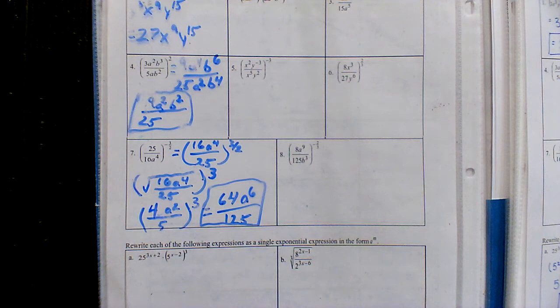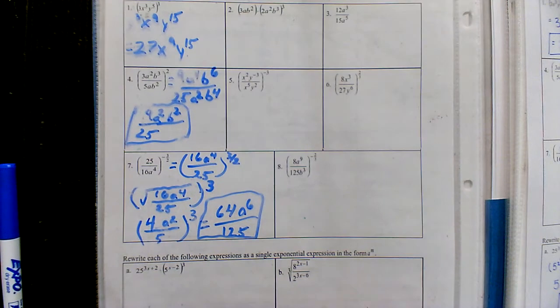So go ahead and work on 2, 3, 5, 6, and 8. If you want to work with your partner, that's fine.